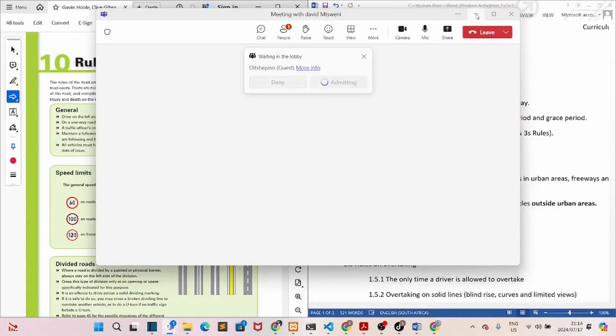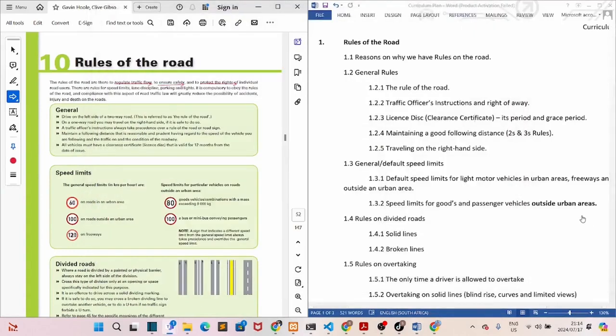Like I said, the license disc has an expiring date of 12 months. After every 12 months, we renew it. If you didn't renew it in 12 months, you'll be given an extended time to renew it, which is called a grace period, which is 21 days. So make sure that you understand that every car must have this license disc.